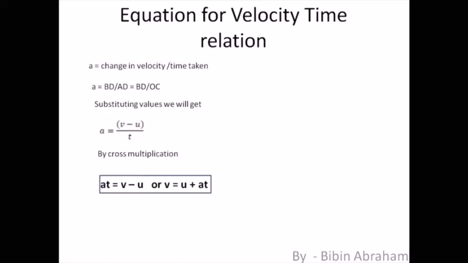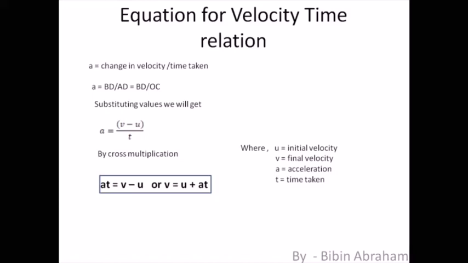We were supposed to find out a velocity time relation, and we can see here I have a velocity time relation, right? I have V is equal to U plus at. So this equation is what you call Newton's first equation, right? Here U is initial velocity, V is final velocity, a is acceleration, and t is time taken.